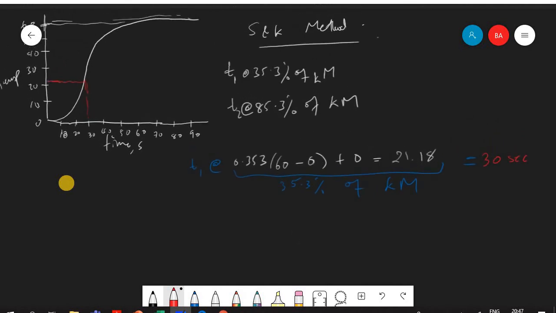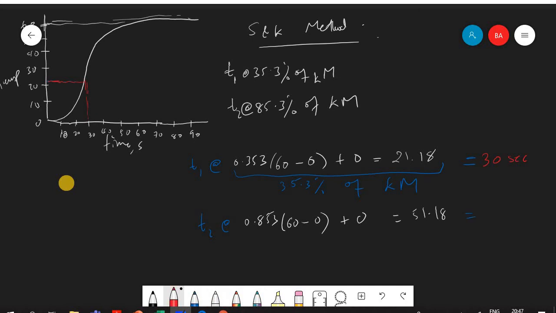Great. Now, what will be T2? T2 will be at 85.3%, so that is 0.853 times 60 minus 0, plus 0. The answer for that is 51.18. What will be the answer for this case?